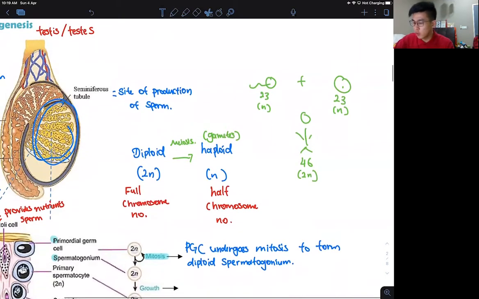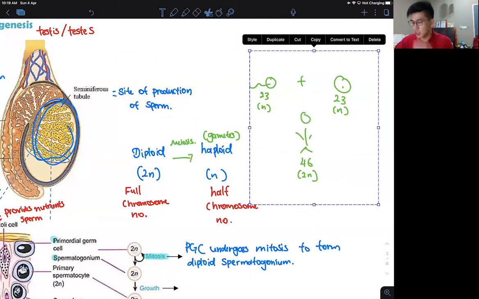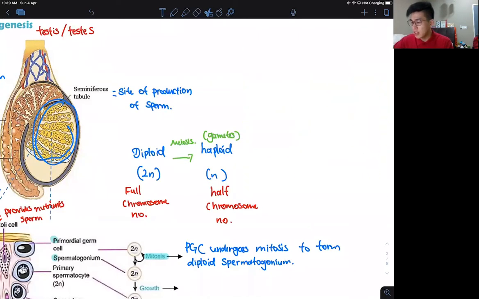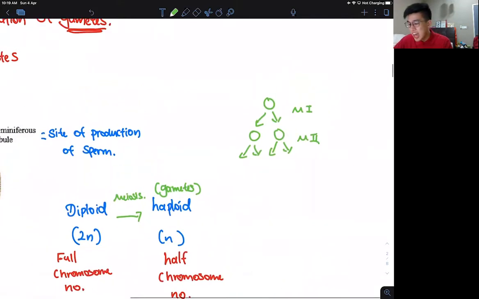Okay. And again, for those who forget the cell division chapter, your Form 4 chapter 6. Meiosis, remember, there's meiosis 1 and 2, which means when a cell undergoes meiosis, it won't just split once, it will split twice. Meiosis 1, meiosis 2. As soon as I undergo meiosis 1, the chromosome number goes from 2N, 46, to N already.